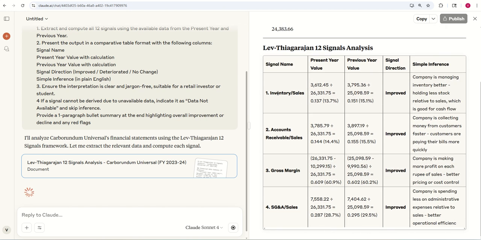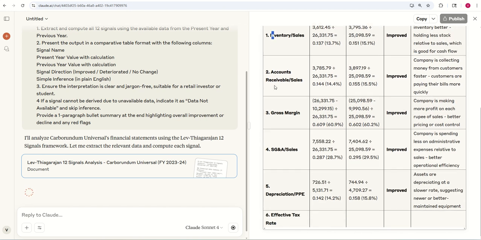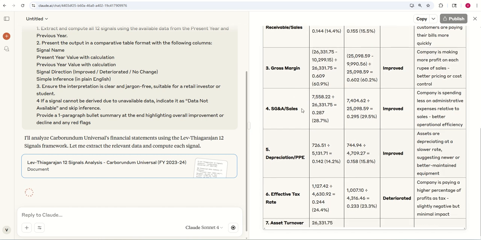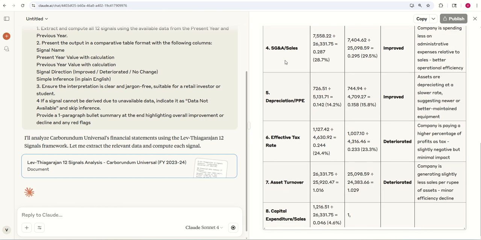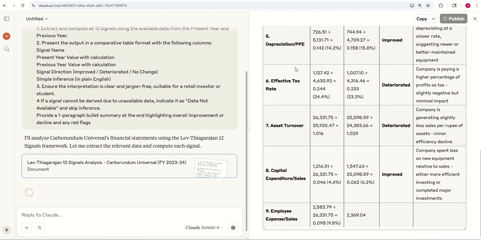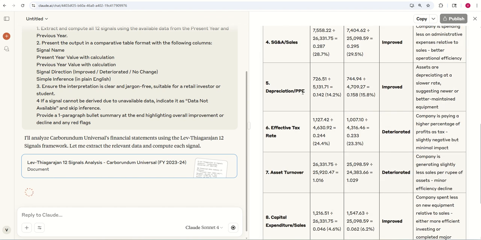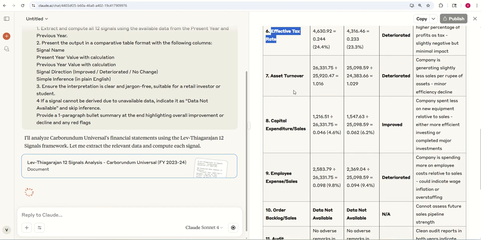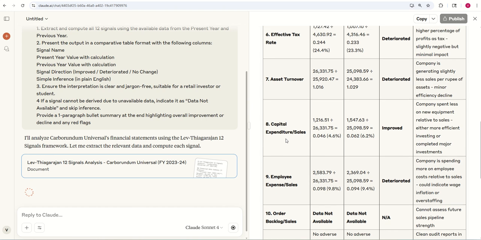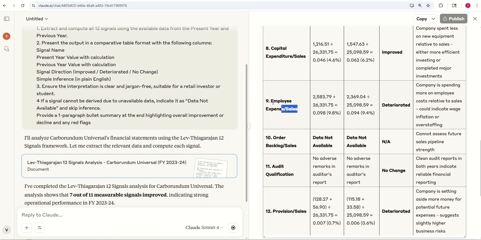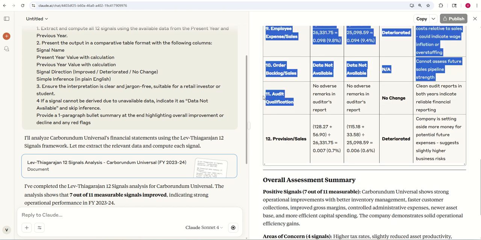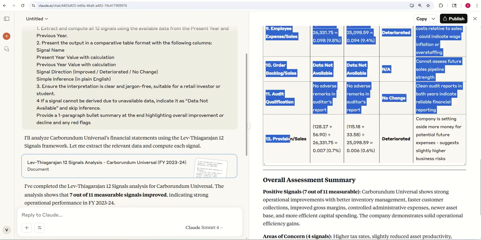I told you 12 signals, right? Inventory by sales, accounts receivable by sales, gross margin, general and administrative advertising by sales, depreciation versus the capex on plant and equipment, effective tax rate, asset turnover, capital expenditure by sales, employee expense per sales, order backlog per sales, audit qualification, and provision by sales.